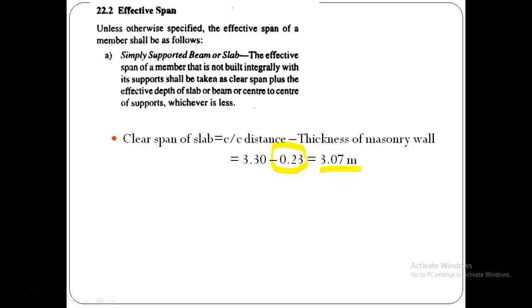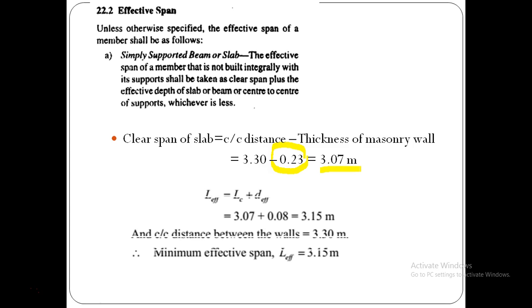Now once we have calculated the clear span, we have to check the first case, that is clear span plus the effective depth of the slab. So effective span equals clear span, which we have already calculated, 3.07, plus effective depth, which is already given, 80 mm. If we convert it into meter, that is 0.08.